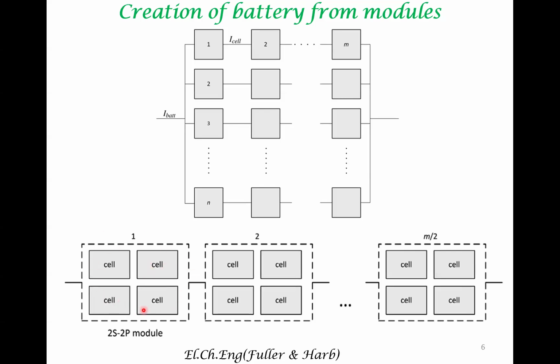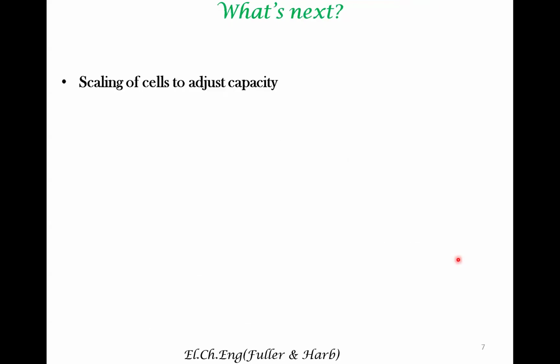So this refers to a module. This refers to the overall battery. So even if there are M cells in a battery pack that are in series, if there are two cells within a module, there are M by 2 modules within the battery pack.